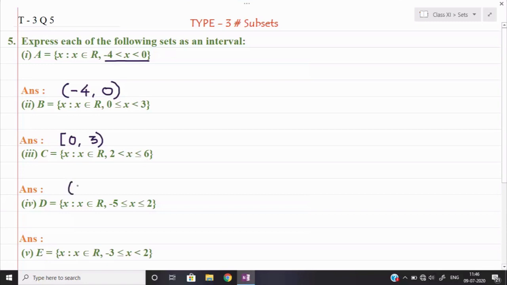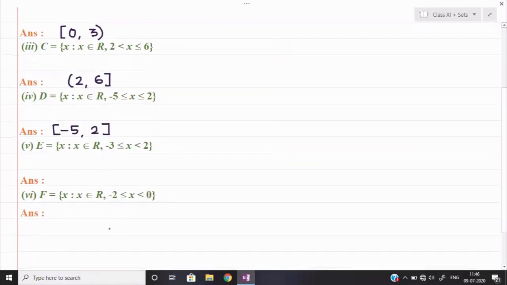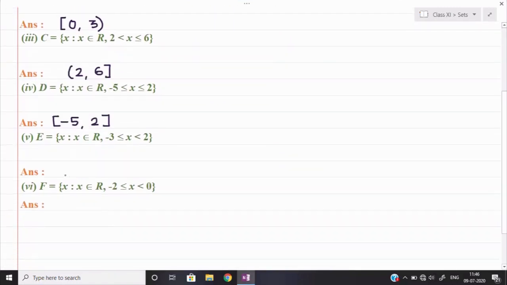So 2 will be open, comma, 6 will be closed. Similarly, the next one: minus 5 will be closed, comma, 2 will also be closed. Similarly, the next one: minus 3 will be closed, and 2 will be open. And the last one: minus 2 will be closed while 0 will be open.